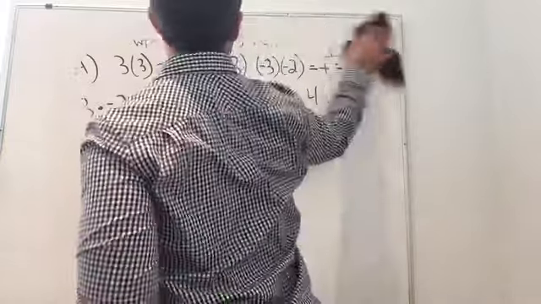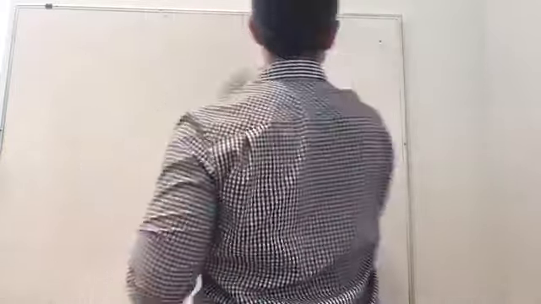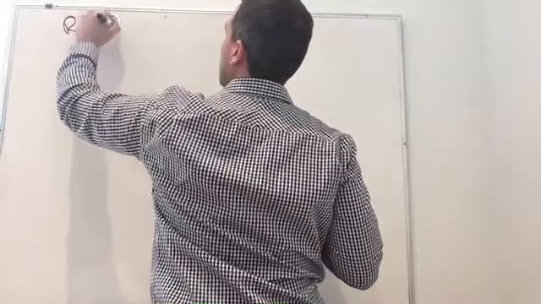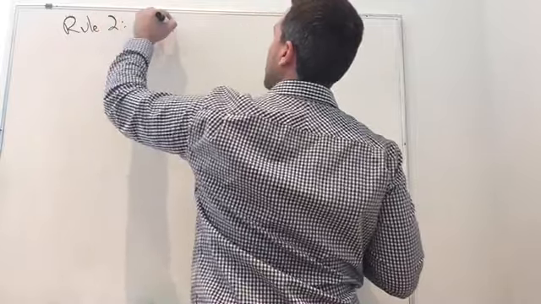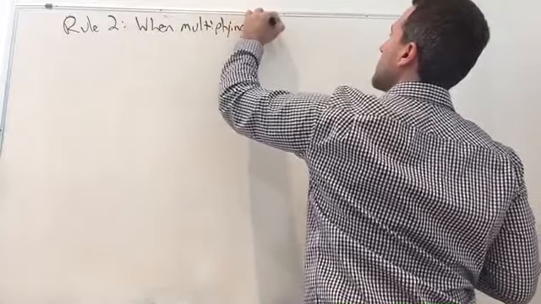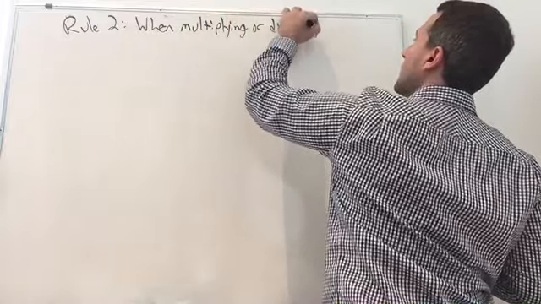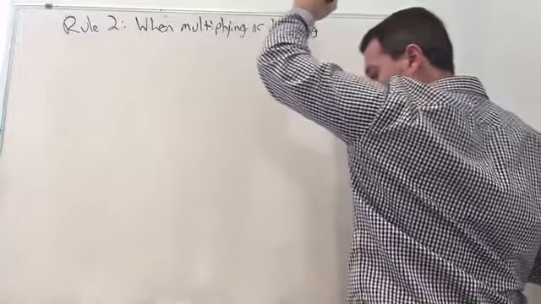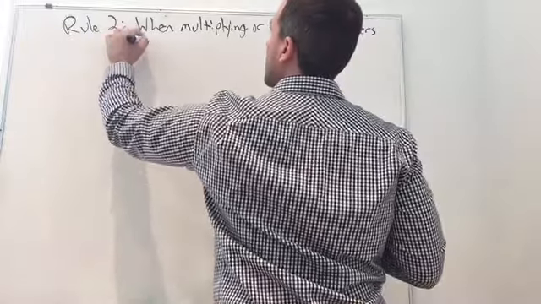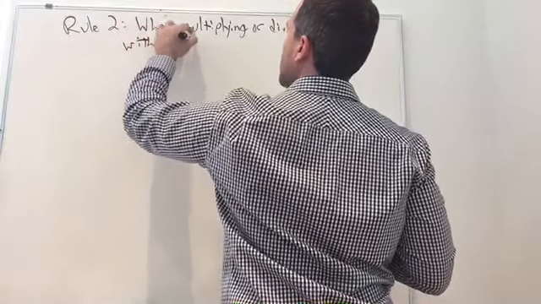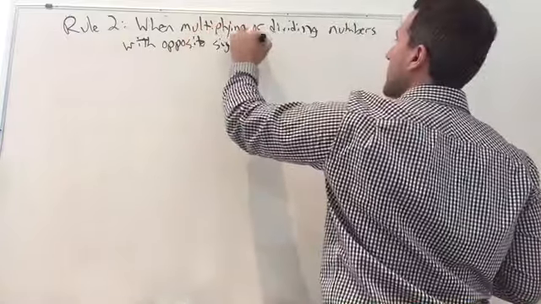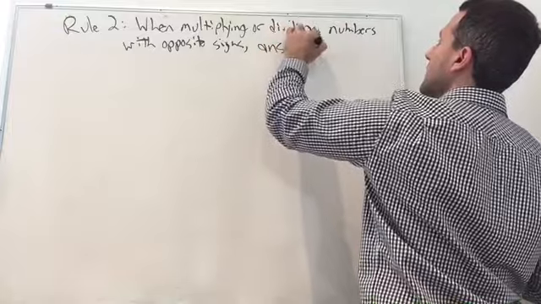Rule number 2. When multiplying or dividing numbers with opposite signs, the answer is negative, always.